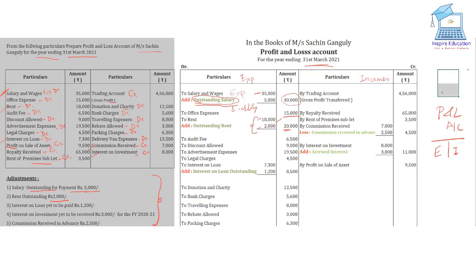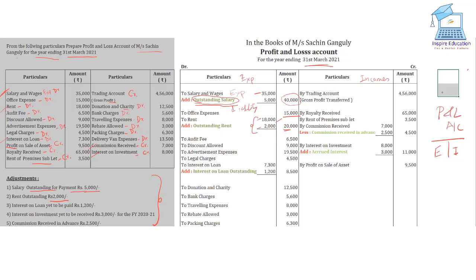Remember these things. It is not important whether it is paid or not. It is important whether this expense or income pertains to this financial year or not. So in this case, the rent paid is rupees 18,000, but 2,000 is still unpaid or outstanding.